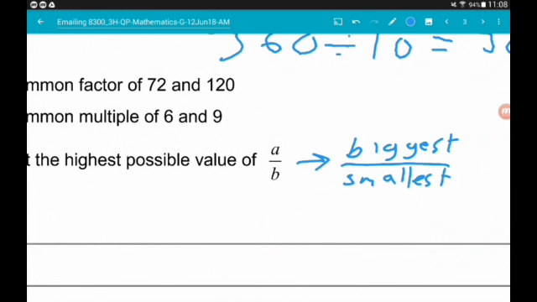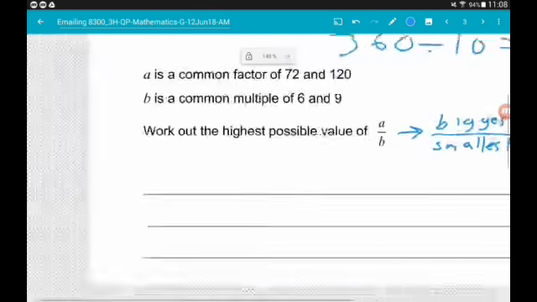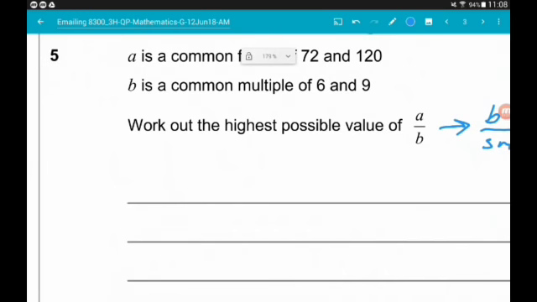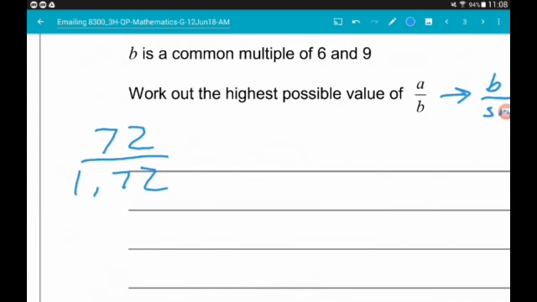So we could do this using product prime factors. It's probably quicker though, just to list. So let's list all the factors of 72. So we got 1 and 72. We got 2 and 36.